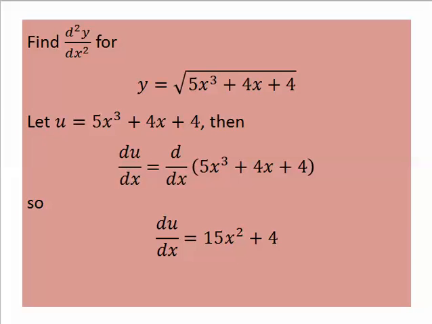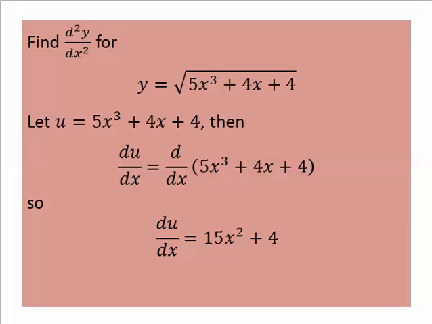Doing it the way that I like to do it, I set u equal to the polynomial that's underneath the radical. And then, since I am looking for a second derivative of y, I need to find du dx and also the second derivative of u with respect to x.